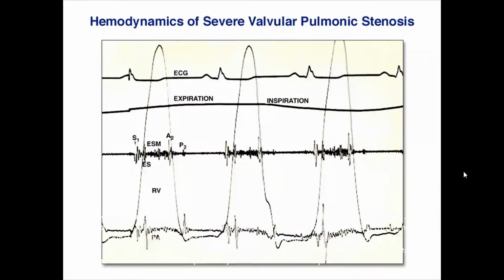Now I want you to describe what you are seeing. The diagnosis is written, but try to be systematic and describe. This is a simultaneous hemodynamic tracing between the RV and the pulmonary artery, it is written.